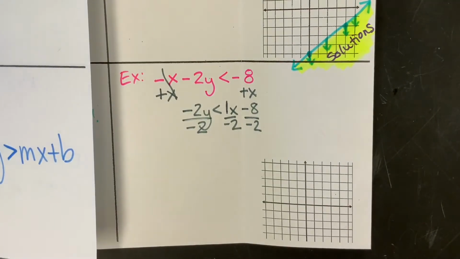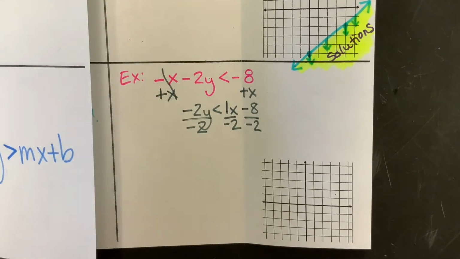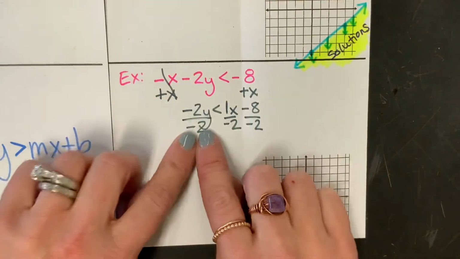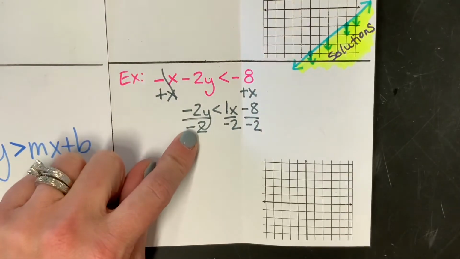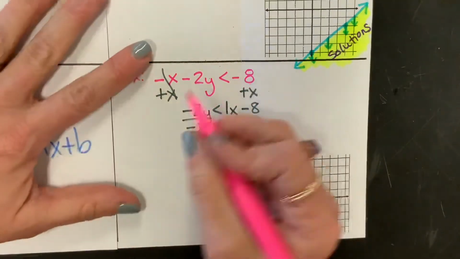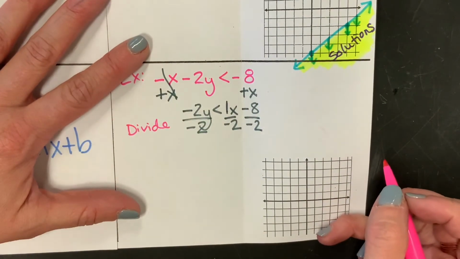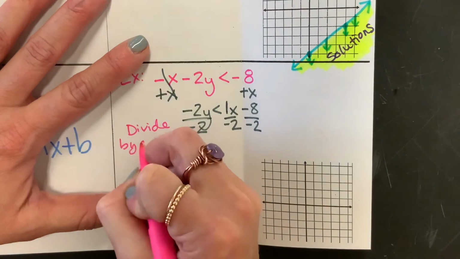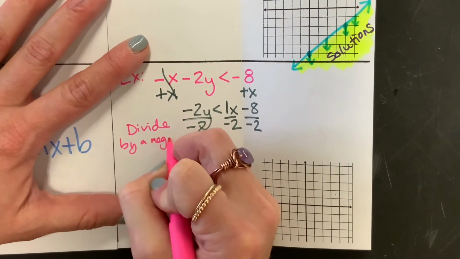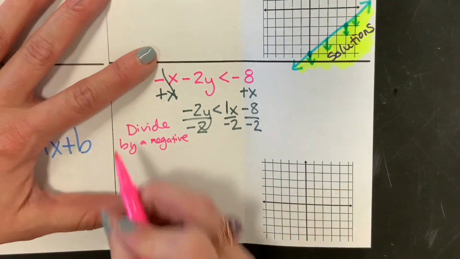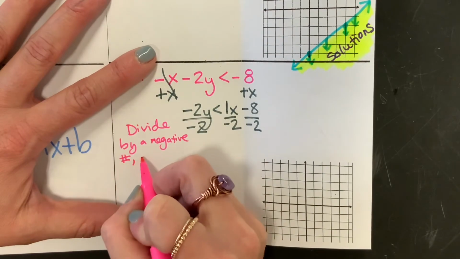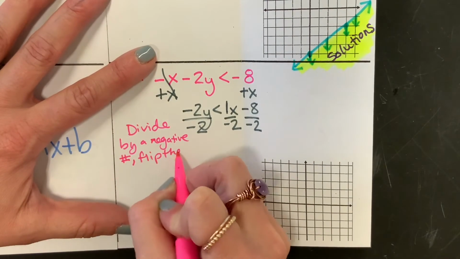Okay, you're going to have to use your brain now. Way back when we were solving inequalities, what did you do when you divided by a negative? Change the sign. Same thing applies here. If you divide by a negative number, flip the sign.